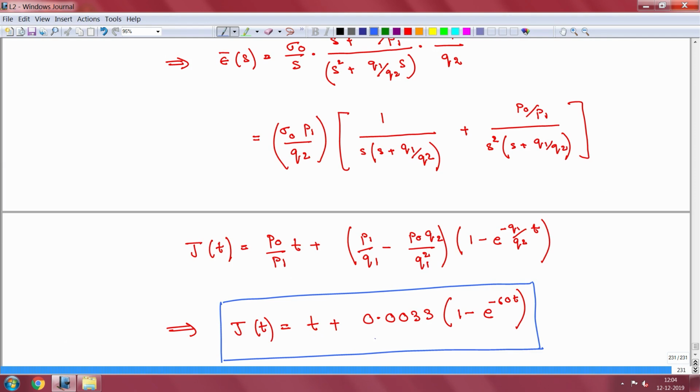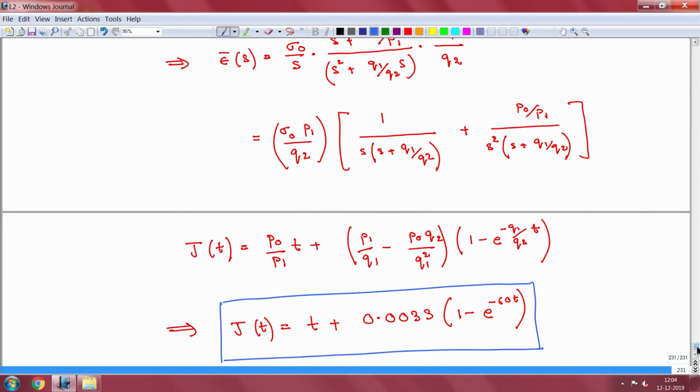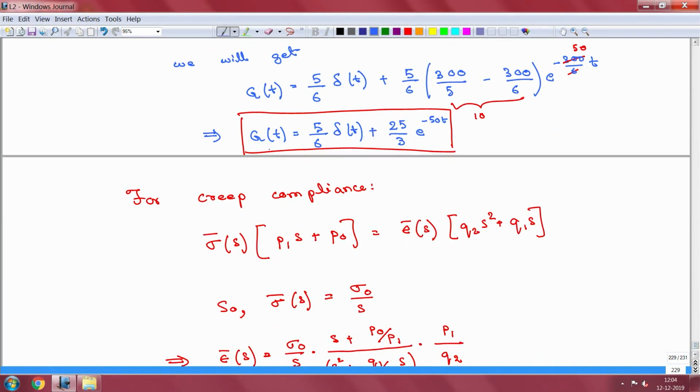Now, please notice a few things here, that the creep compliance function has a linear part and there is a decay part. So, this function seems to be far more well behaved than the function G(t), right. But notice the powers of the exponential function. Here it is minus 60t, and for the stress relaxation function it is minus 50. So, the two values are different.